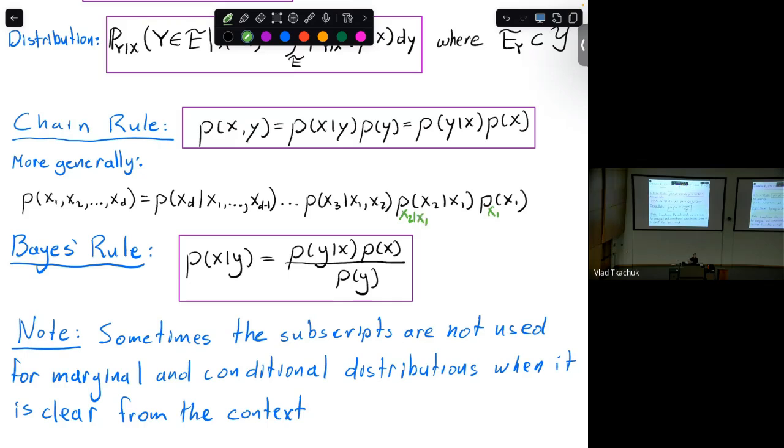Then, I already got x1 and x2, so what's the probability of getting x3 given that? You keep repeating this until you get all the way to xd, conditioned on everything before. These are equivalent, and sometimes it's a lot better to think about things in this way.